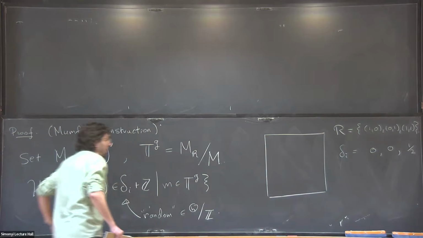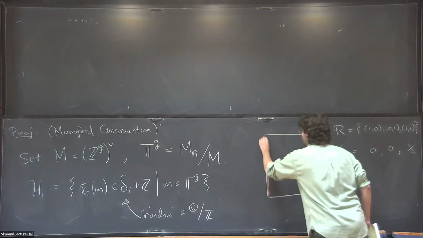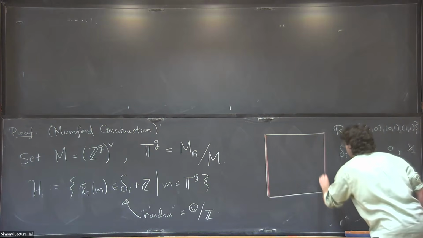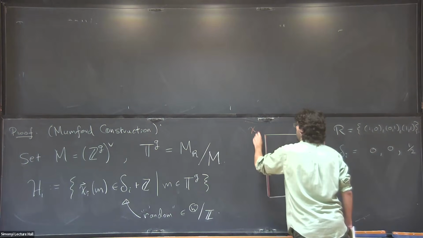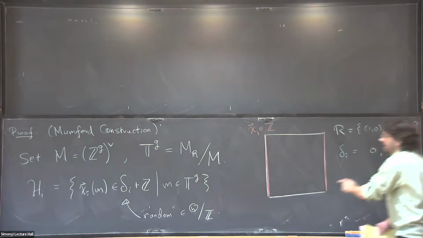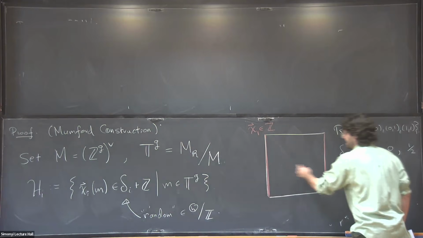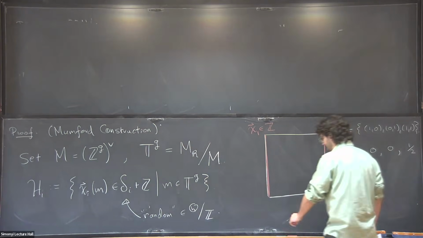And now let me draw the locus. Inside our two-dimensional torus, we'll draw the locus where x1 is in Z, because the first shift is 0. That's the two opposite sides of the torus, which are identified.